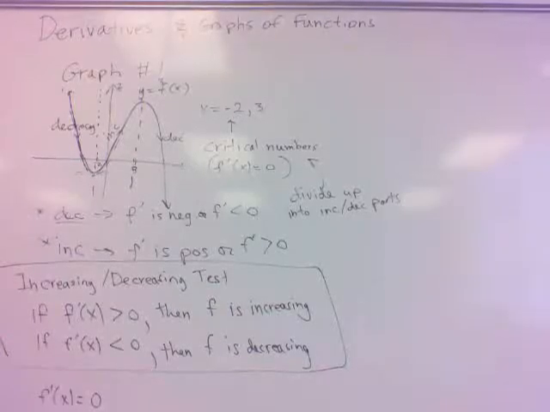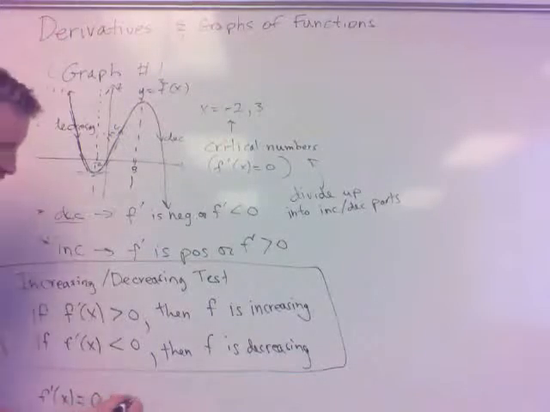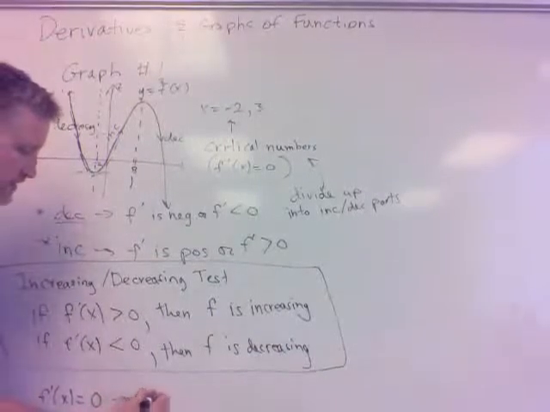It's not increasing and it's not decreasing. It's 0. Because it's not a positive slope, it's not a negative slope. So it's not increasing or decreasing at those critical numbers, at the f prime of x equals 0, okay? So don't include those. Here's what I'm saying.